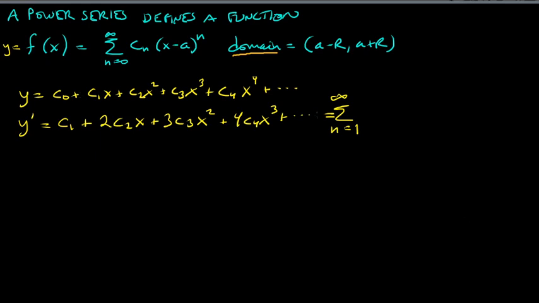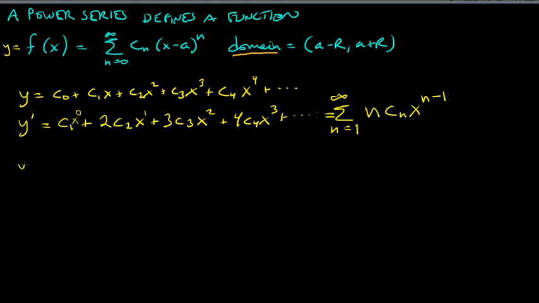So this is the sum, n going from 1 to infinity, of n, right, times cn times x to the n minus 1, right? So this is still, right, x to the 0 here, right? This is x to the 1. So, yep, this is the ordinary power rule for derivatives, right?